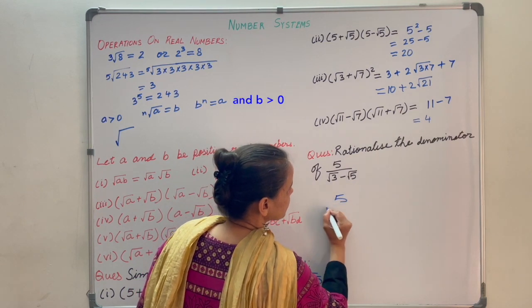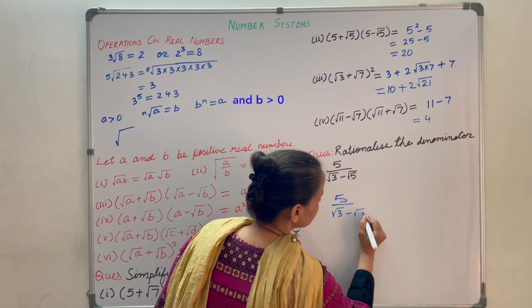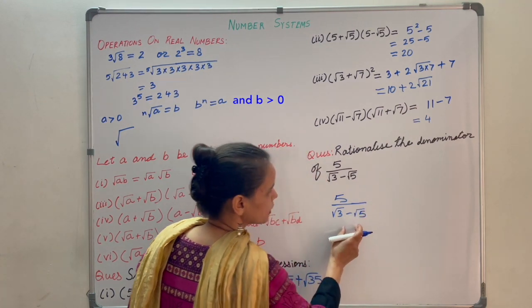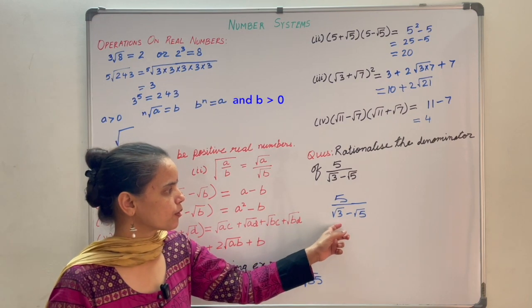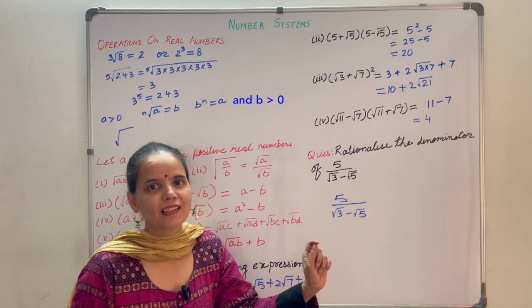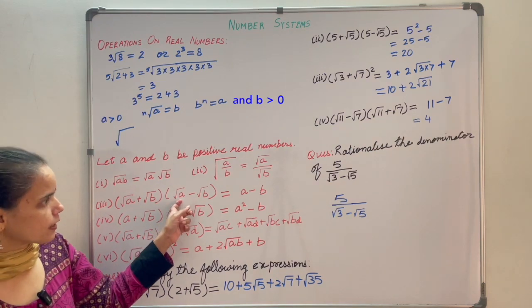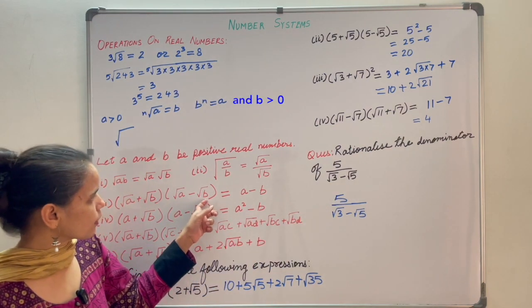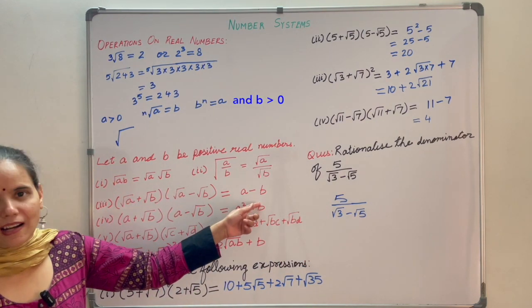Here in the numerator we have 5 and in the denominator root 3 minus root 5. To make the denominator a rational number, if you multiply this by root 3 plus root 5, we'll get a rational number. You can see here, instead of a it is 3, instead of b it is 5. So if you multiply this with this, you will get a rational number.